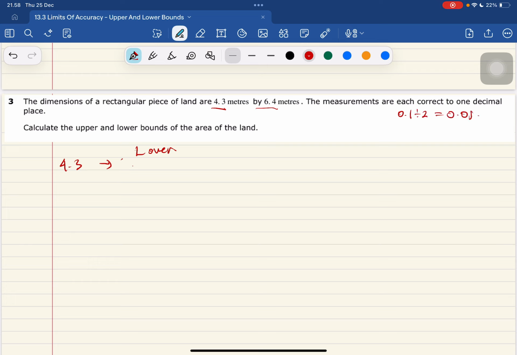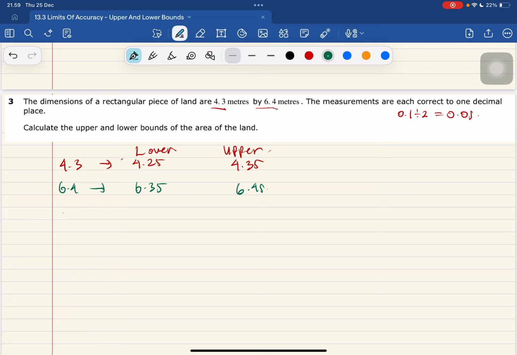So the lower is going to be 4.25, while the upper is going to be 4.35. Here 6.4, so the lower is going to be 6.35, and the upper is going to be 6.45.